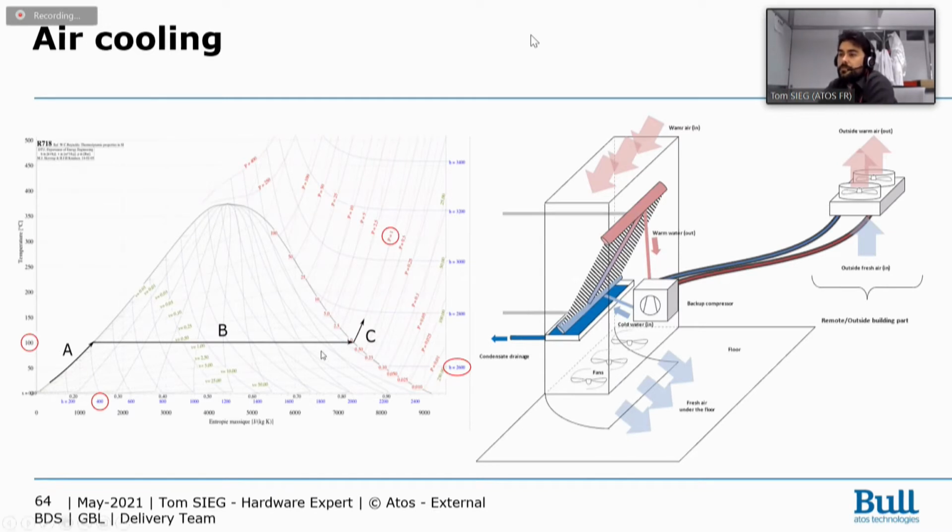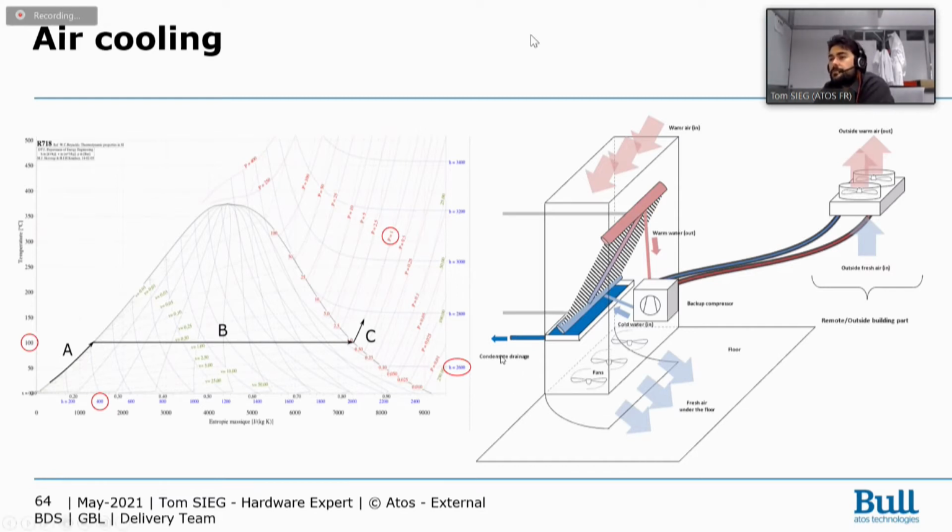The most important point is condensation, the water in the air. Water is always your big enemy for all electronic components and you have to regulate it correctly. If you regulate it correctly, like the chart you can see here, you will optimize your heat exchange coefficient and you will prevent any damage to your electronic devices.